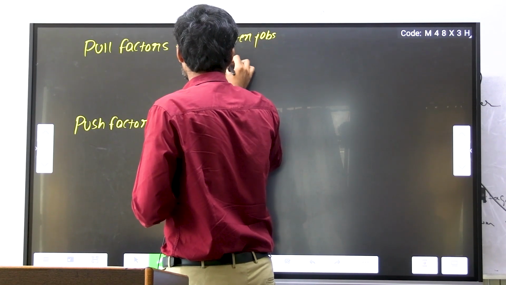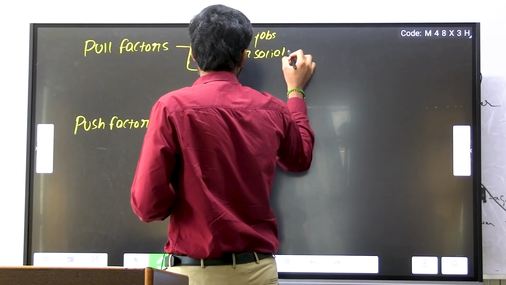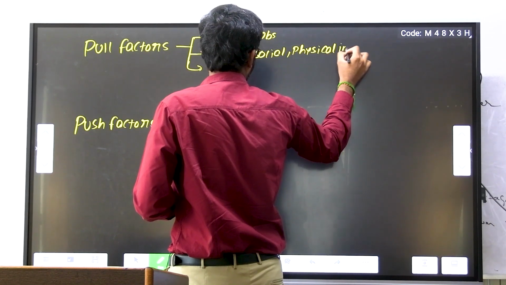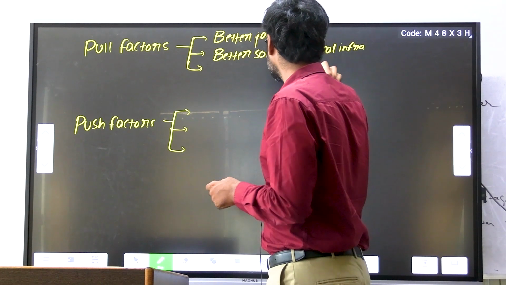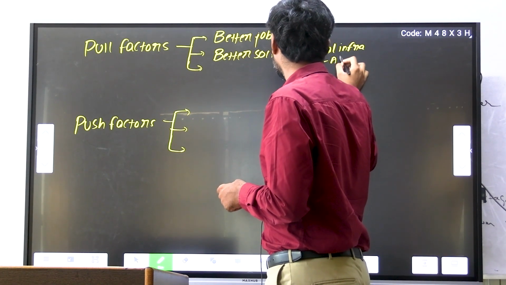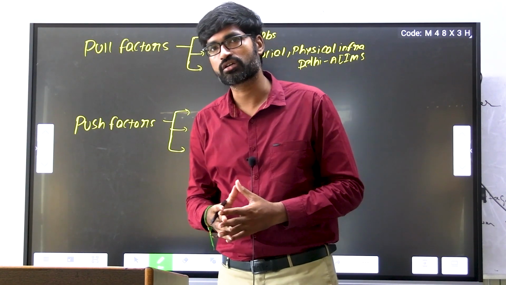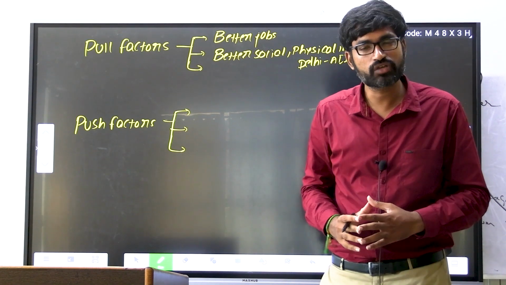You will find better infrastructure, better social and physical infrastructure. Like you can quote the example of Delhi, which is having AIIMS, which can provide better health infrastructure. And we have so many universities like JNU, Delhi University, which are providing education as well.